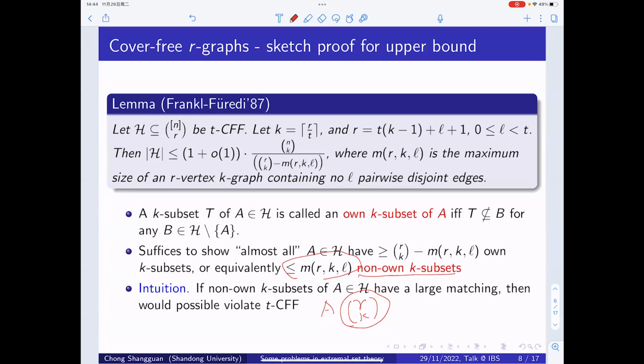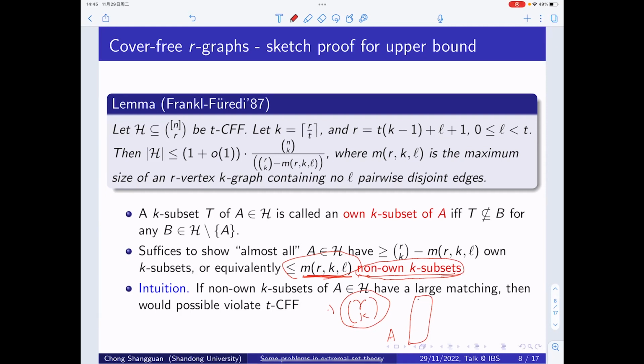The intuition is as follows. So here, this is A. We basically want to show that the family of non-own k-subsets of A does not have a large matching, because this function is the maximum number of k-edges in an r-graph such that the matching number is at most l minus 1. So why can the non-own subsets of A not have a large matching?